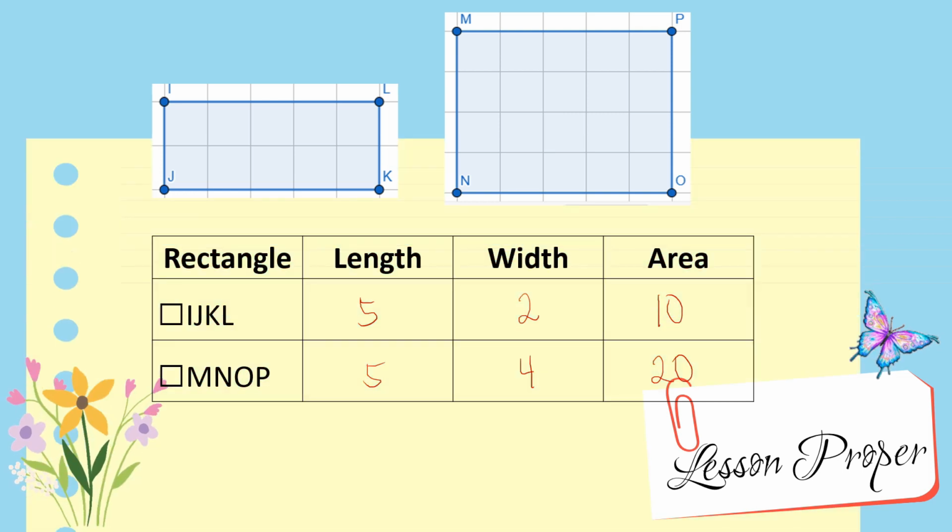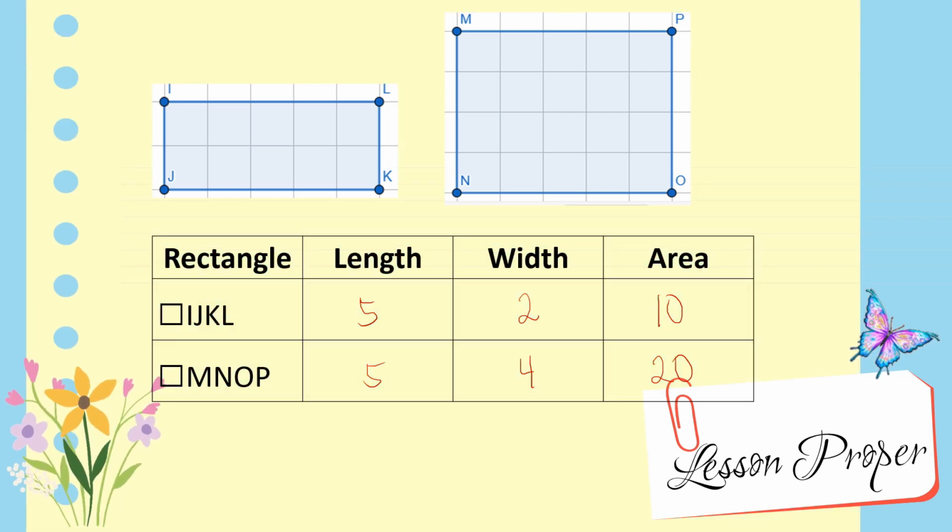That is, if the length of the rectangle is doubled and its width is unchanged, its area is doubled. Likewise, if the width is doubled and the length is unchanged, its area is also doubled. If this is the case, a joint variation exists.